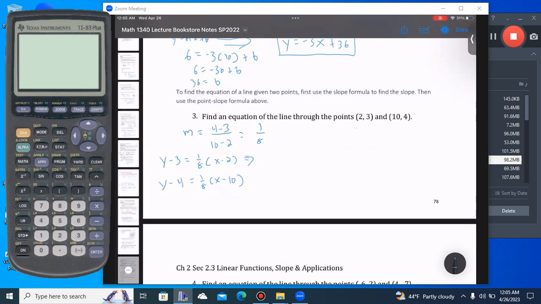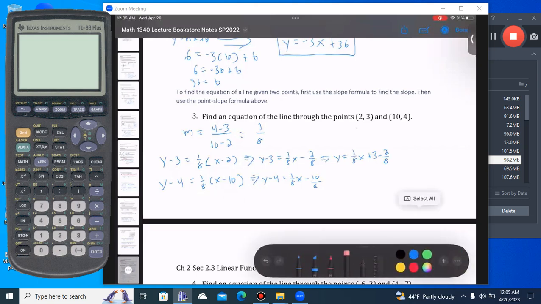So let's do y minus 3 equals 1/8 x minus 2/8. And this one will be y minus 4 equaling 1/8 x minus 10/8. Here you're adding 3. You get y equals 1/8 x plus 3 minus 2/8, which is going to be 1/4.